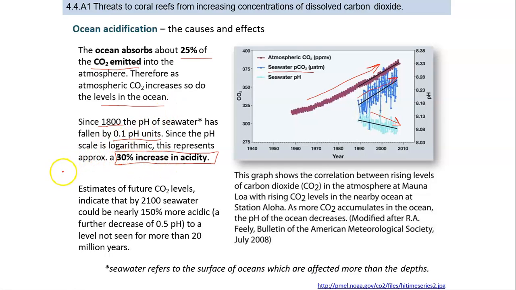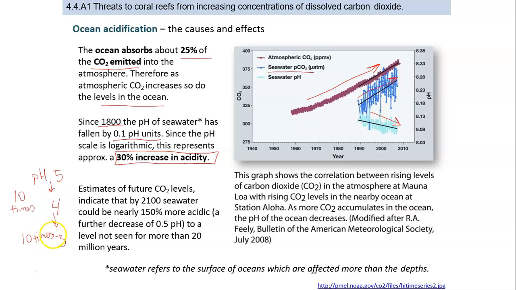So if the pH changes from, let's say, 5 to 4, because it's logarithmic, this means it is 10 times more acidic. And if from pH 4 it goes to pH 3, again 10 times more acidic.